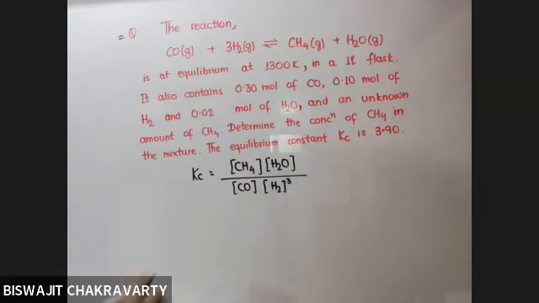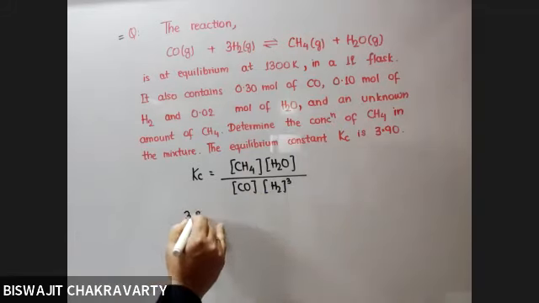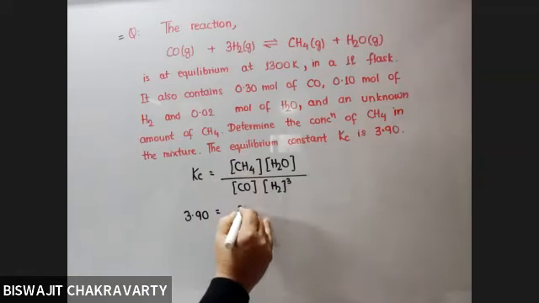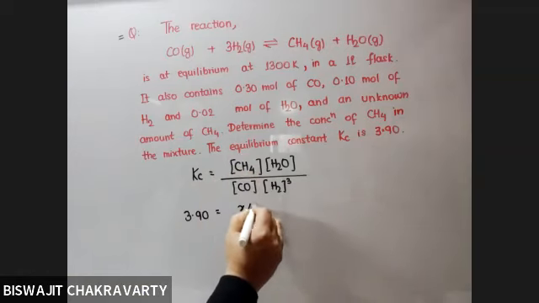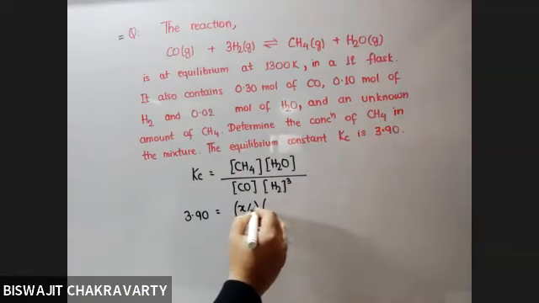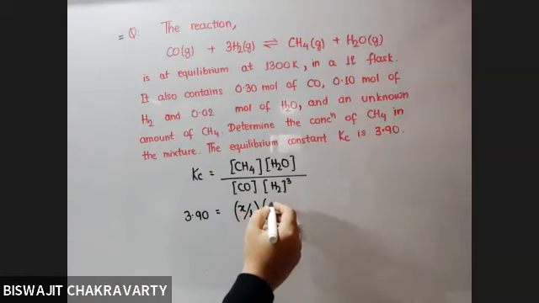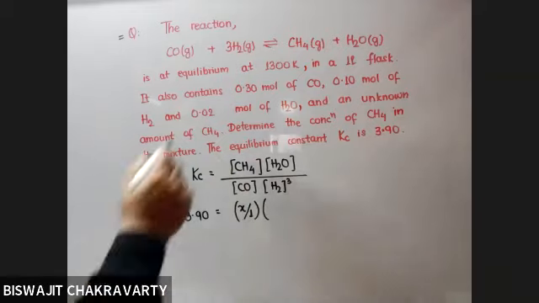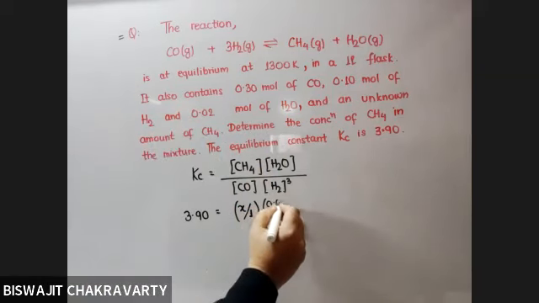The Kc value is given, and everything except CH4 is given. So let us take CH4 as x. Why are we dividing by 1? It is in a 1 liter flask, because volume is given and these are numbers of moles. So water is 0.02 by 1.